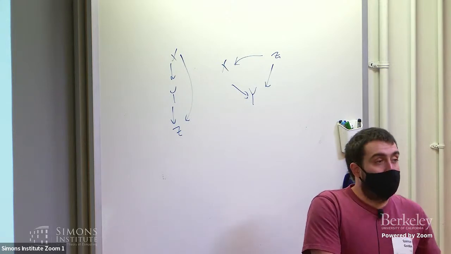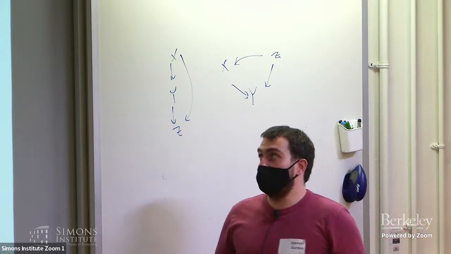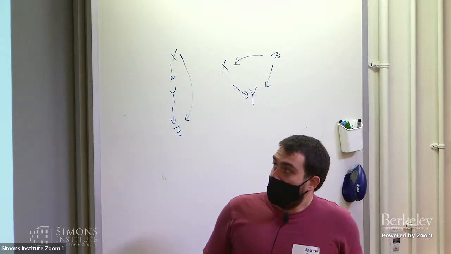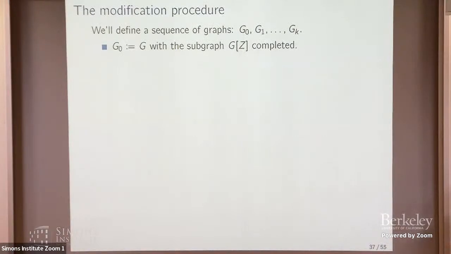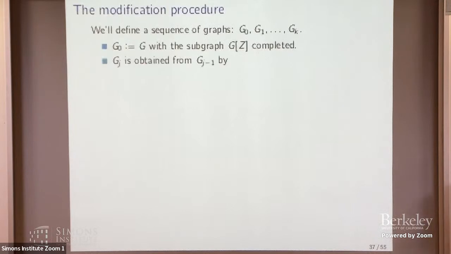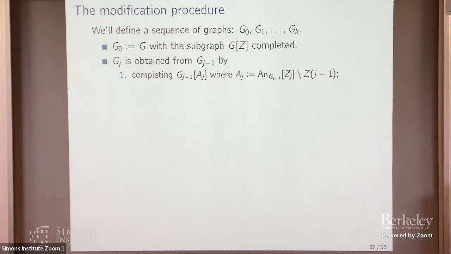Okay, so here's the sequence of graphs. So we're going to start with the graph G, and then G0 is just going to be G, where we take all the Z vertices and we complete that subgraph. And then we're going to construct Gj from Gj minus 1 through the following steps.